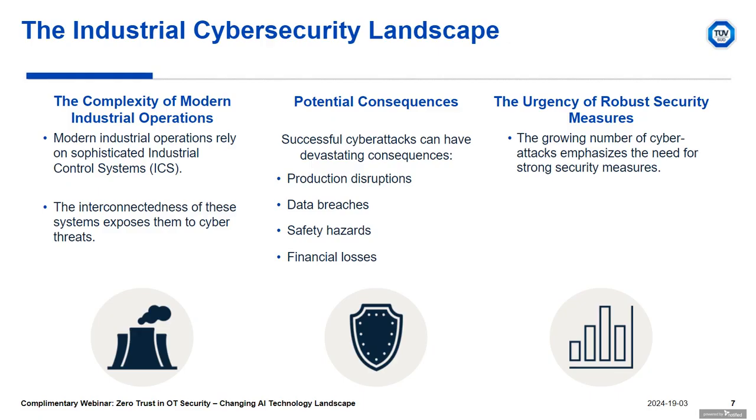The third landscape point I would highlight is the rise of attacks, which increases the urgency of robust security measures. We are talking about the growing number of attacks, and the need is definite because of increased connectivity. Modern industrial facilities are more interconnected than ever, creating new vulnerabilities for attackers to exploit.